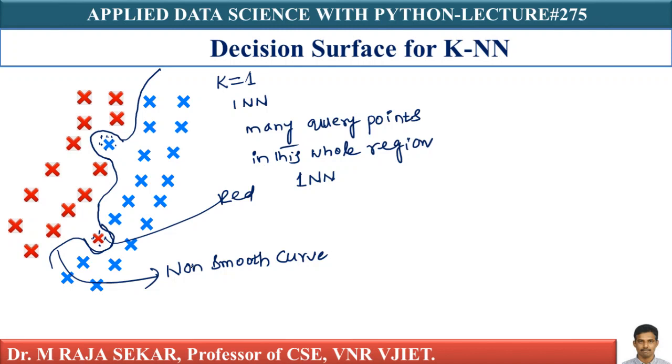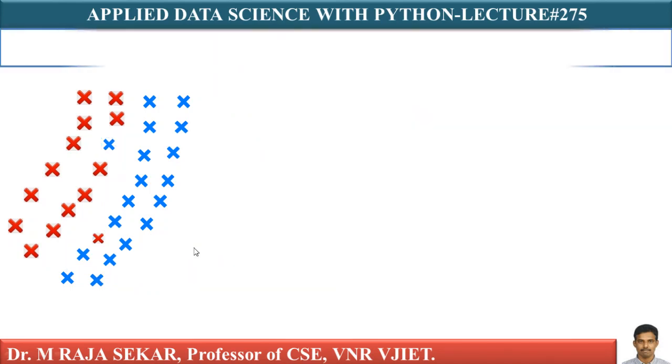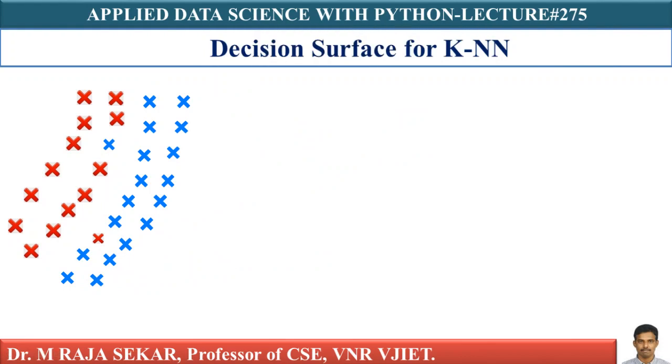Now the immediate question is, what happens if k equal to 5 for the same data set? Let me draw the data. This is the data set. I'm considering the same data set. What happens if k equal to 5 instead of k equal to 1? We understood what happens when k equal to 1. Now I have a blue point here, just see, this is the blue point here, isn't it?